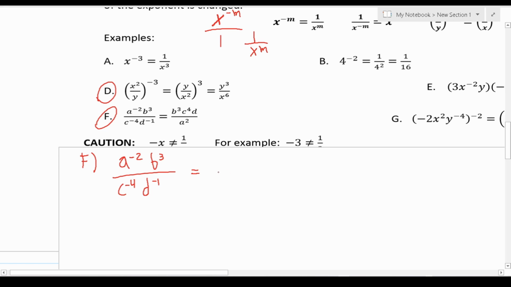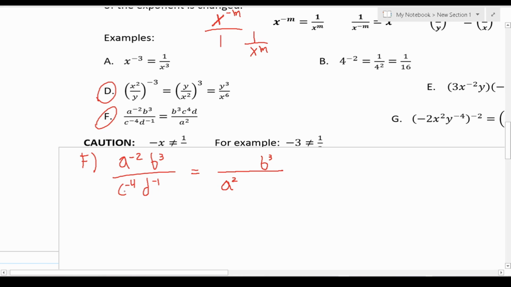So we're going to have to shift some things across the fraction bar to simplify this. As we can see, b to the 3rd is positive, so we know we're not doing anything with that. That can stay. a to the -2. Again, it can't be negative in the exponent, so that's going to prompt us to shift it across the fraction bar where it's going to become positive. Okay.